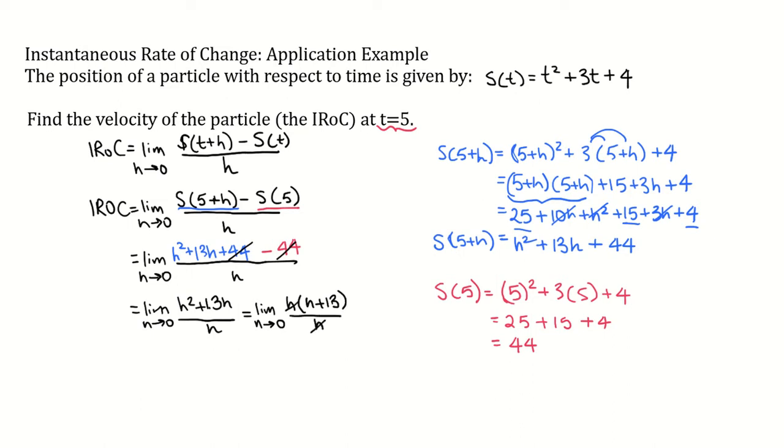That way these two h's cancel out and we get the limit h goes to 0 of h plus 13. At this point we can plug in 0, we can evaluate the limit and get 0 plus 13, which is 13. And that 13 is our instantaneous rate of change, or our velocity of the particle at time t equals 5.